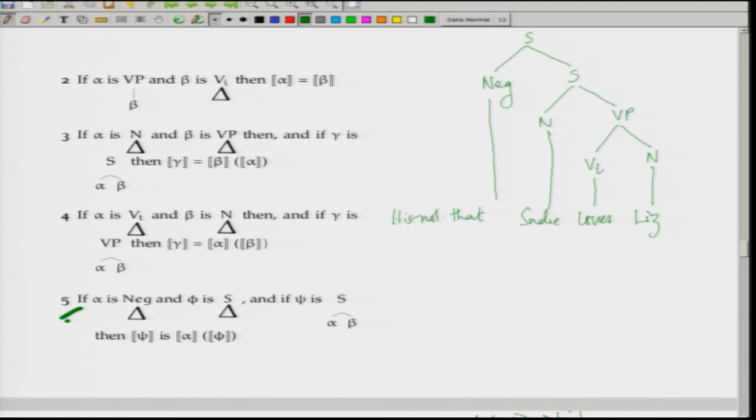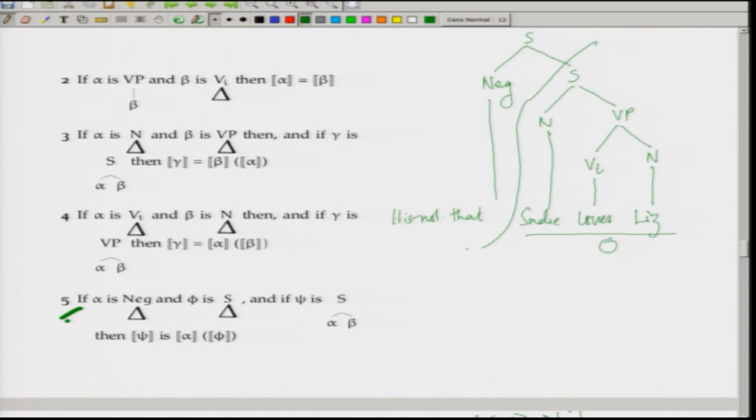So our sentence now is: it is not the case that Sadat loves Liz. We know that this is 0, I am sorry, this is 0. We have calculated that. We do not have to work on this area, we just work on this area.